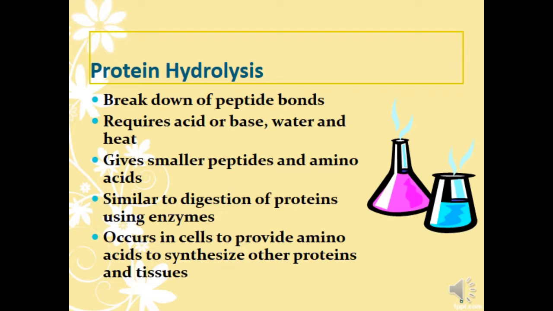This hydrolysis is also similar to digestion of protein using enzyme. When we digest protein using enzyme, we are breaking down the peptide bond also. Protein hydrolysis occurs in the cell to provide amino acids for further use in the synthesis of other proteins and tissues.